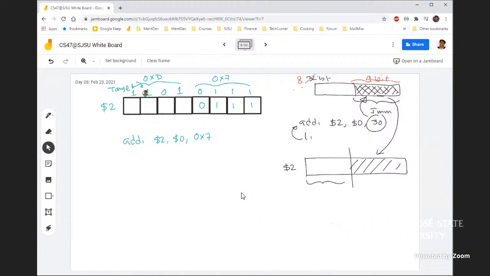So here, the solution. Instead of doing this, let's do it this way. Load upper immediate $2 with D. So this instruction will do what?